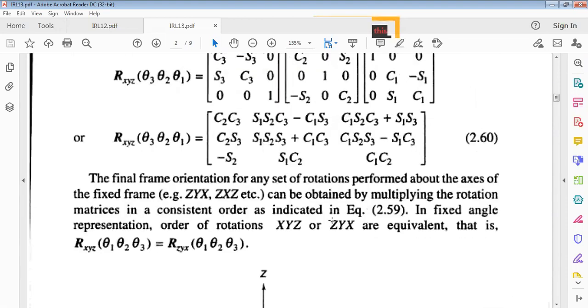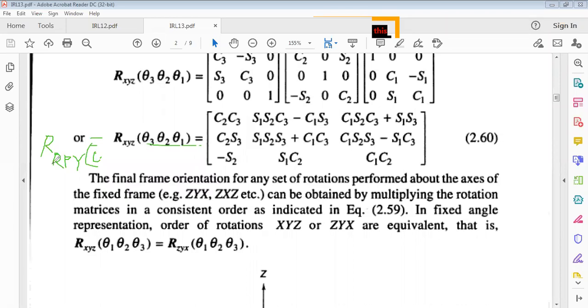So this above matrix can also be written as R RPY of theta 3, theta 2, theta 1.